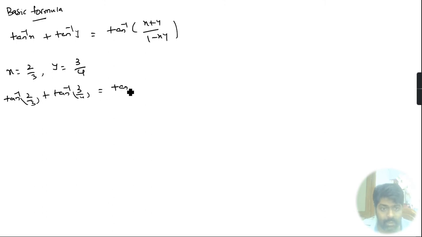that is equal to tan inverse of 2 by 3 plus 3 by 4 divided by 1 minus 2 by 3 into 3 by 4.